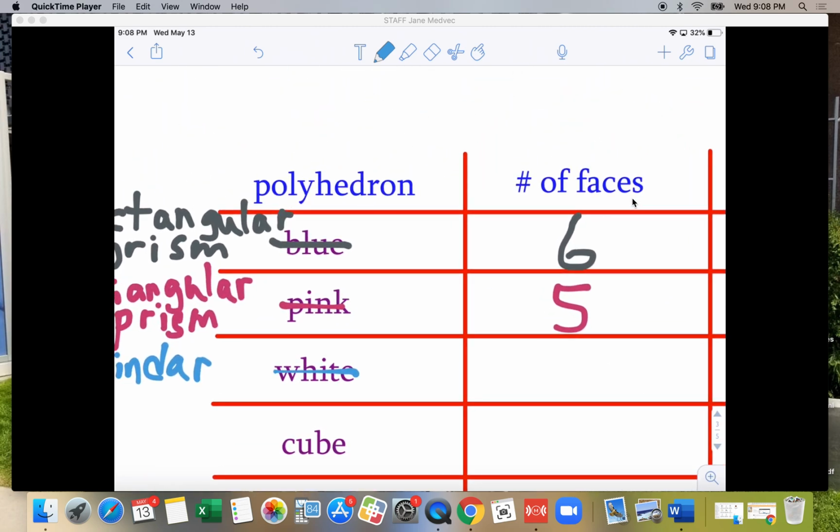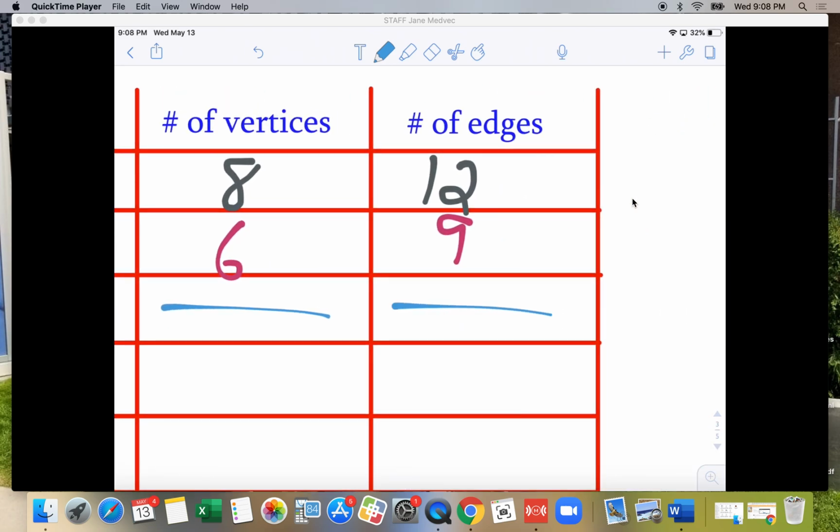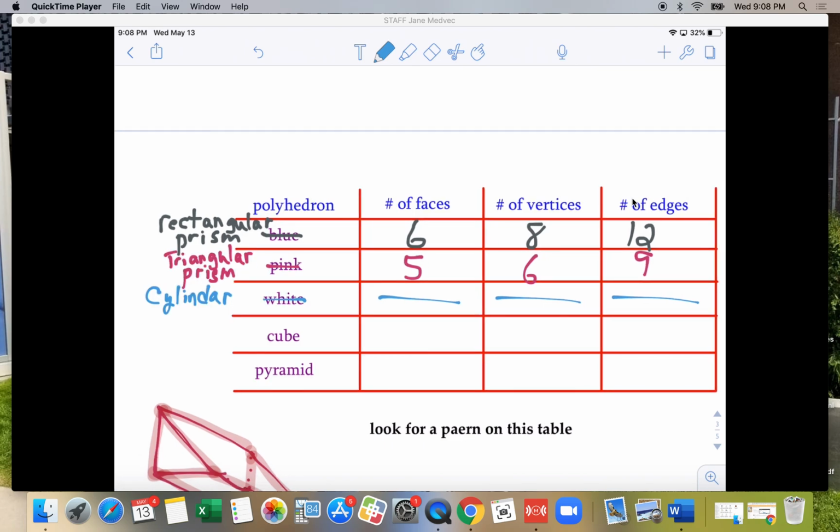Well, again, we're not going to be looking at faces or vertices or edges, because you'll notice that it's not a polyhedron. A cylinder is not a polyhedron. The top is a circle, the bottom is a circle, and the middle would be a rectangle. So that is kind of a tricky one because it's not even a polyhedron. I would do that in class and we would talk a little bit about that.